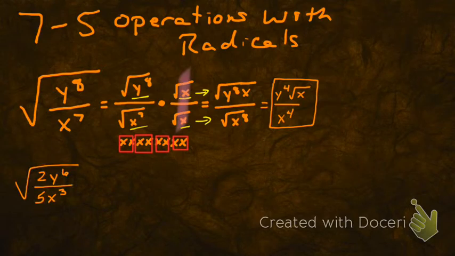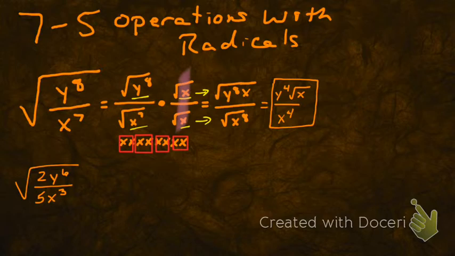Square root of 2y to the 6th over 5x cubed. To determine what we're going to throw into this problem, remember, we're only looking at the bottom. The top really doesn't matter. It's moot. So just looking at the bottom and the potential lonelies that you have for square root, what should we throw in?